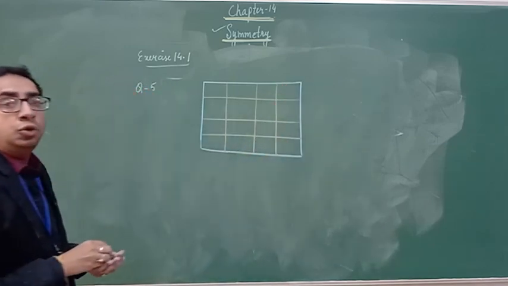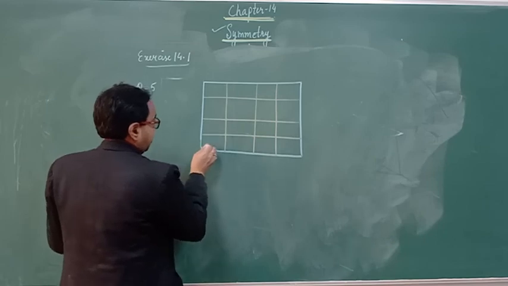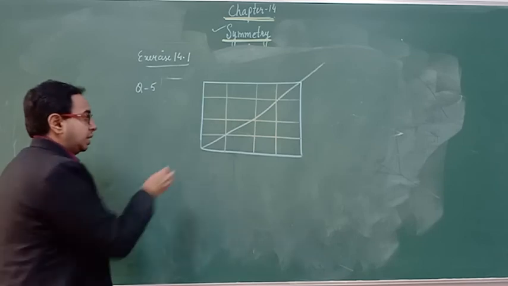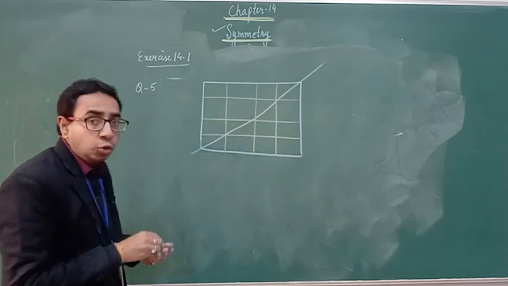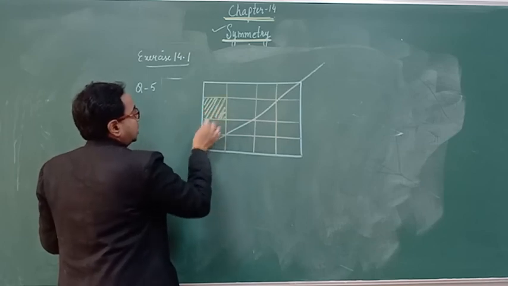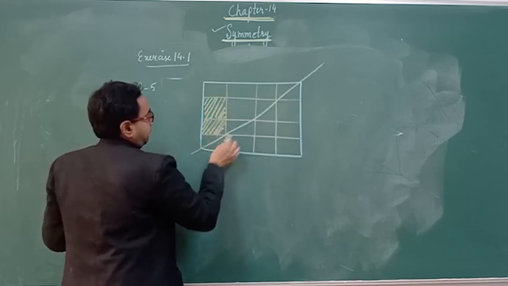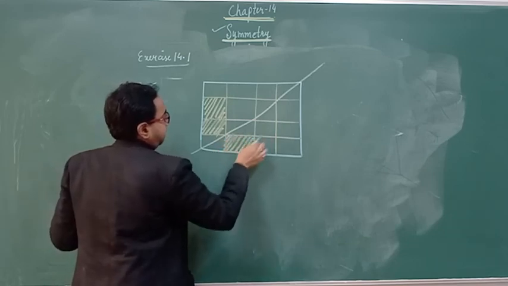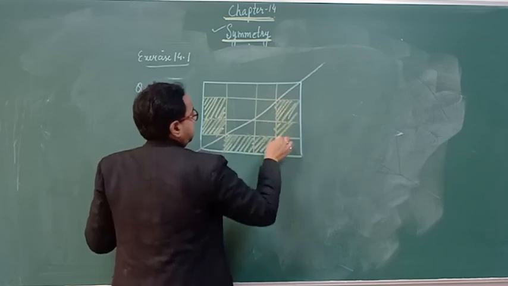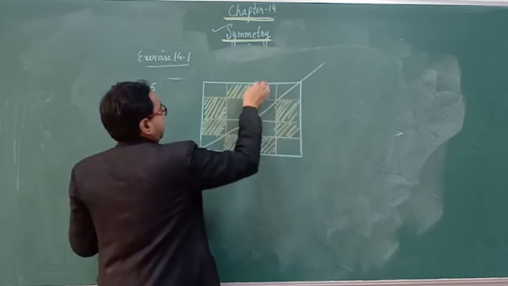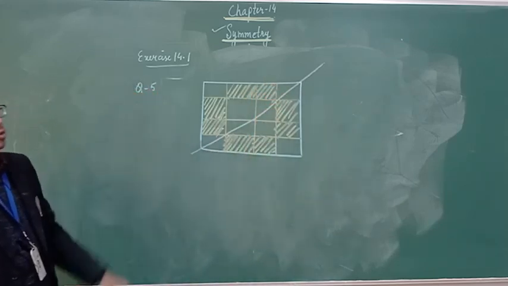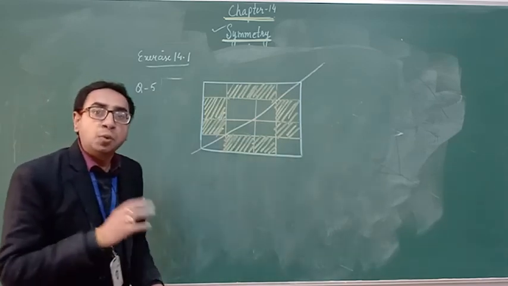Now, we have to draw one line diagonally and then shape these squares to make it symmetric. Like this. Like this. Like this. Don't you think it's symmetric? Yes, of course it looks symmetric. This way you have to color the portions.